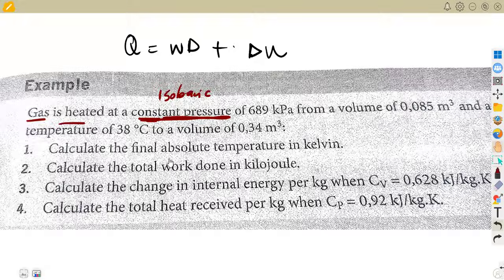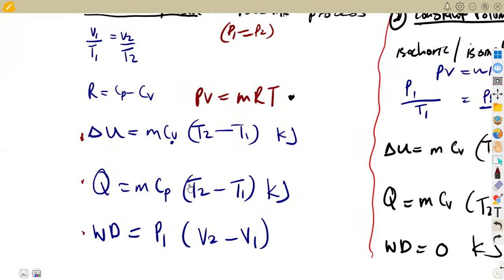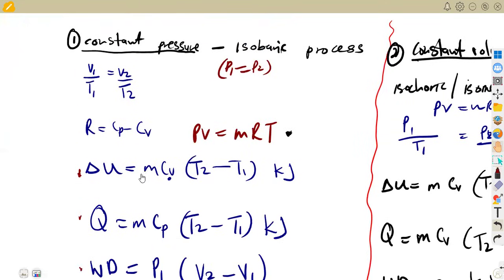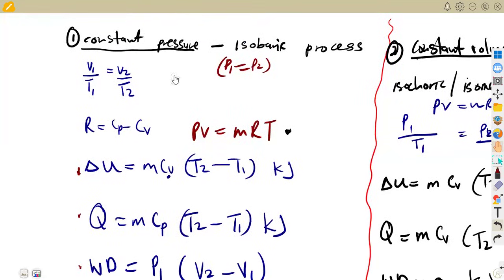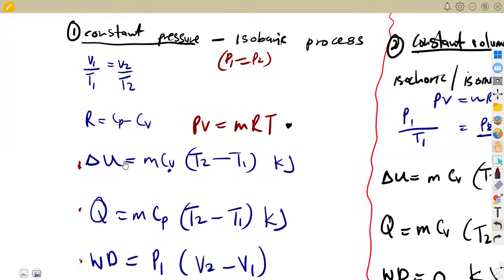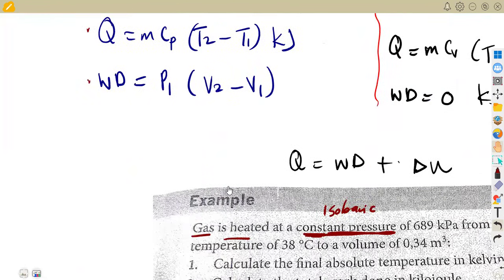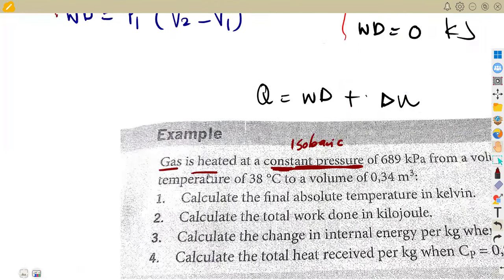You are supposed to take everything about this part. These are the formulas that we are going to be using under a constant pressure, which is the isobaric process.